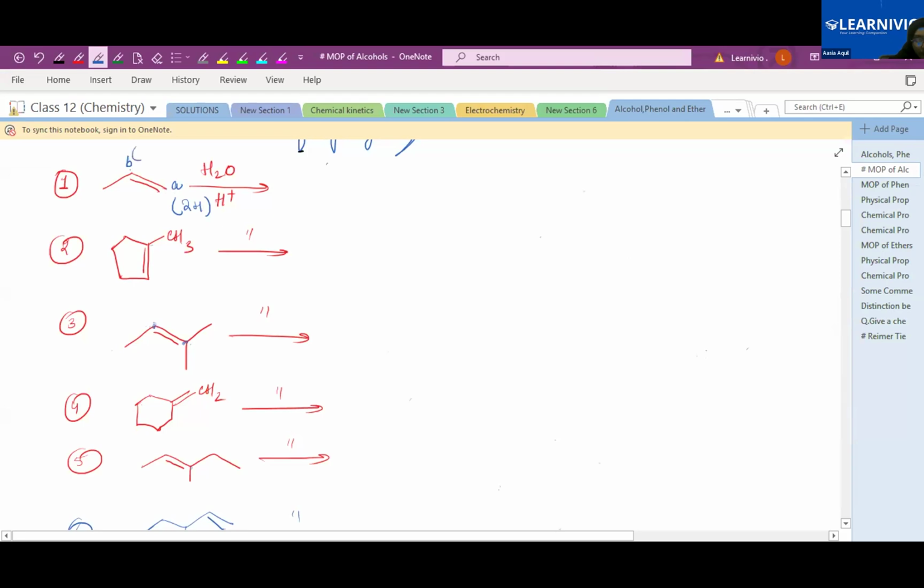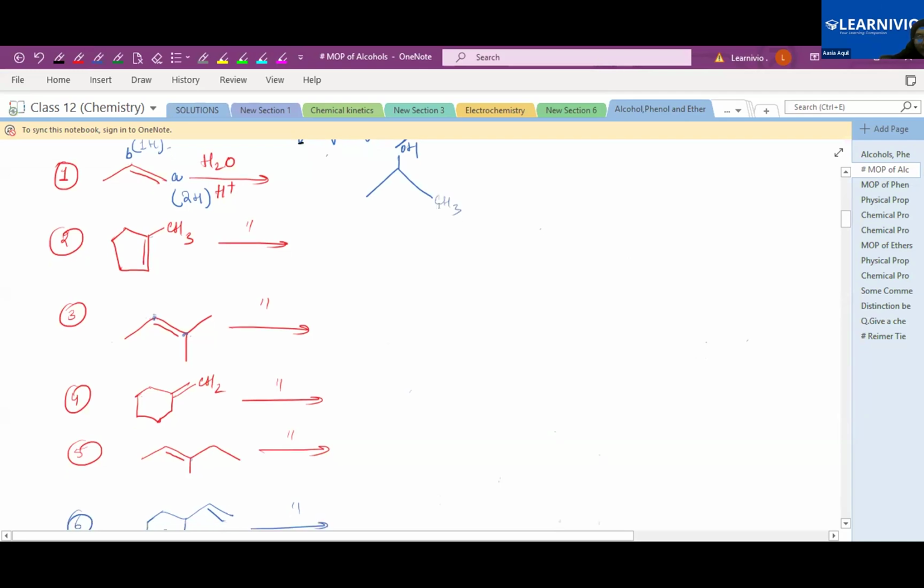This has only one, two, three bonds, so only one hydrogen is present. So where will you attach the OH? OH group should attach to which carbon, B or A? B. Yes. Write down. So OH will be there, and this will get one hydrogen. It was first CH2, and now it becomes CH3. So that is your product.